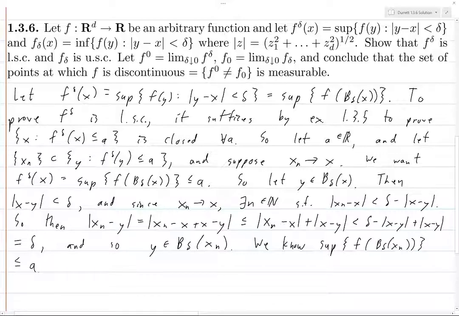This is because xn is an element in the set of all points z such that f upper delta of z is less than or equal to a. So in particular, f upper delta of xn is less than or equal to a, which means precisely that the supremum is less than or equal to a.